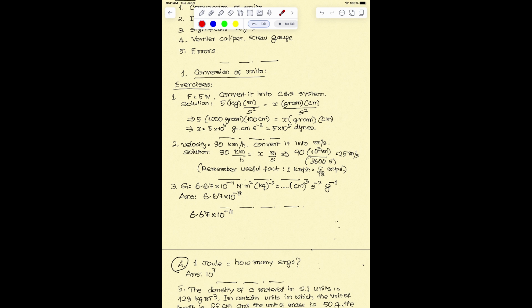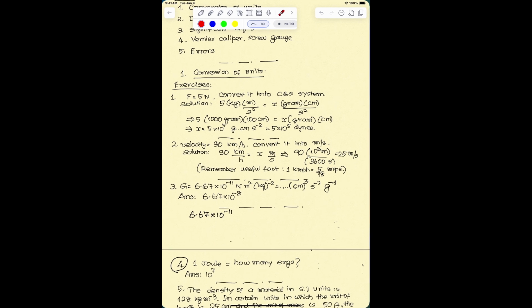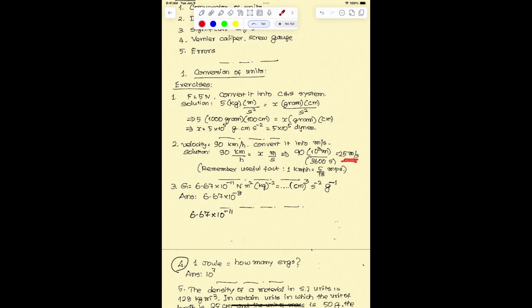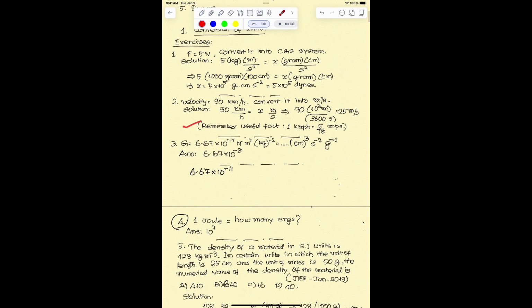The kilometer is converted into 1000 meter, and 1 hour is converted into 3600 seconds. Now seconds will get cancelled from both sides, plus meter will get cancelled from both sides. Therefore, you are left with 90 into 10 power 3 by 3600, which can be worked out as 5 meter per second. So, simple stuff only.